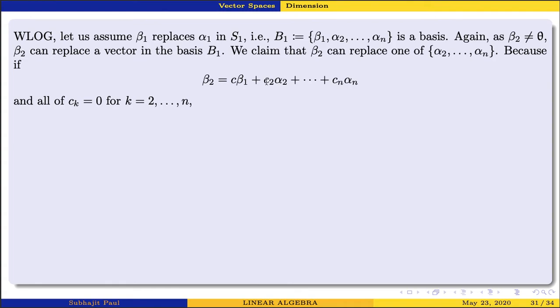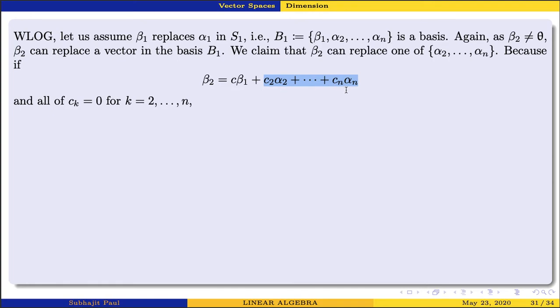So we are claiming that it can replace one from over here, alpha 2 up to alpha n. So for that we need to show that at least one of c2, c3 up to cn is not 0.